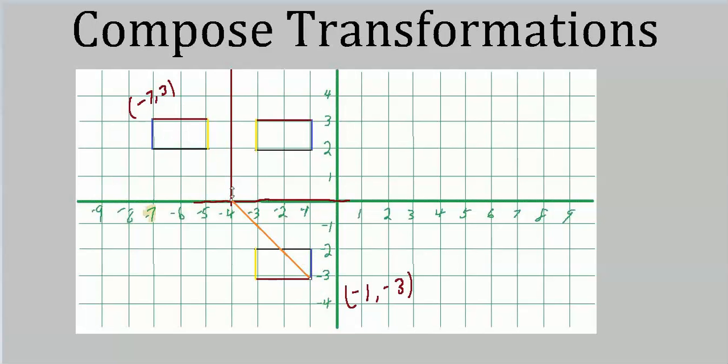For instance, I could extend this line, and you can see this is just a straight line that goes from here to here, which is the equivalent of a 180 degree reflection. In this case, we wound up with 180 because of the angle formed by the two lines of reflection.